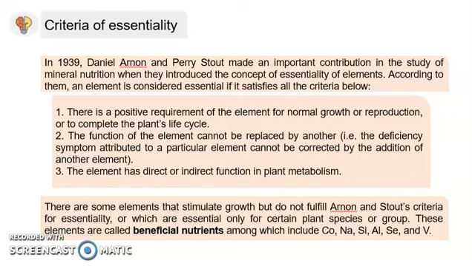So yes, that element must have a contribution that will complete the plant's life cycle.